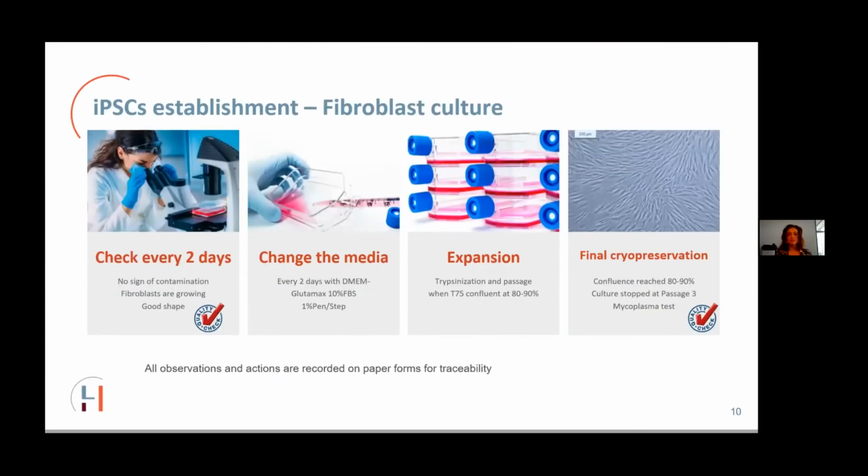Then we check every 2 days that there's still no sign of contamination, the fibroblasts are growing well, and the fibroblasts have a good shape. If the fibroblasts, instead of being elongated cells, are more like star-shaped cells with filaments inside, they won't be good to be turned into IPSCs. We change the media, we expand them, and at the final cryopreservation step, we do another mycoplasma test, and we stop the culture at passage 3.